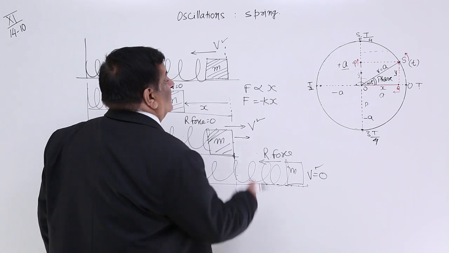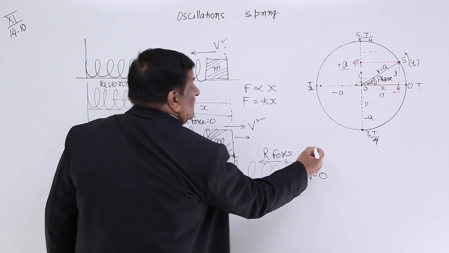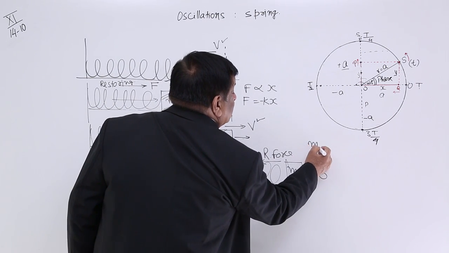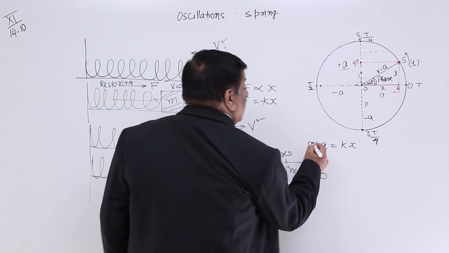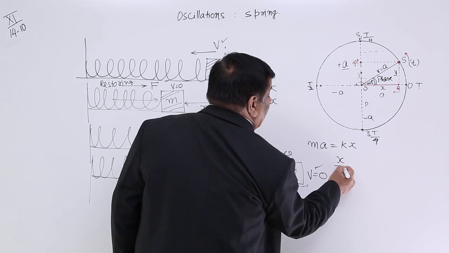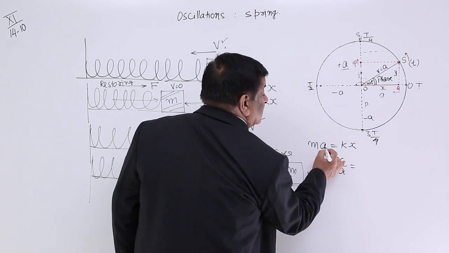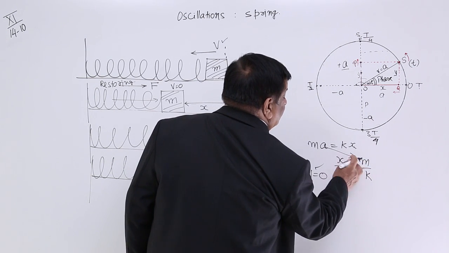Here we find that force is equal to kx. Force is mass into acceleration, which is equal to kx. So here, displacement x upon acceleration a is equal to m upon k.